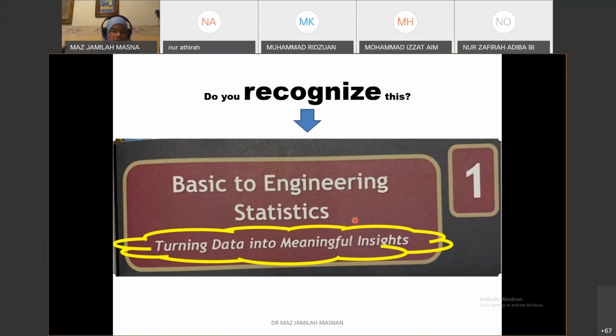Okay, so that's why the reminder is there, turning data into meaningful insight. So how are we going to turn your raw data into meaningful information, meaningful insight, meaningful description for others to easily understand?